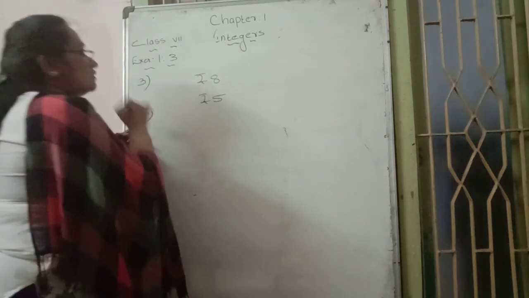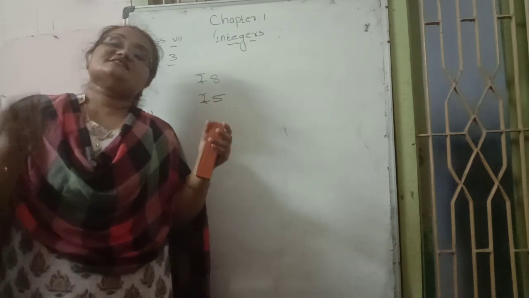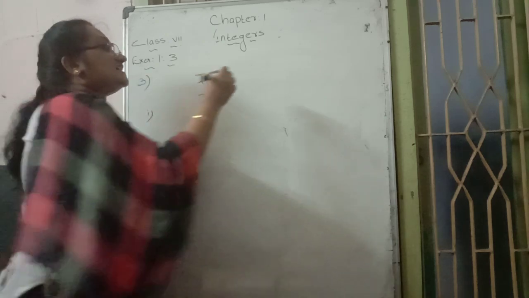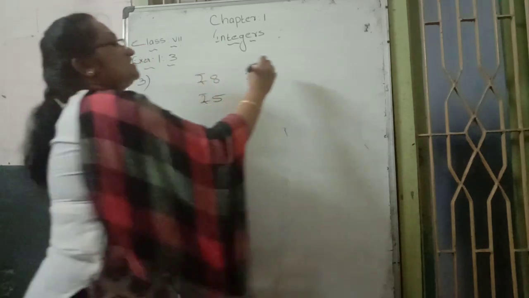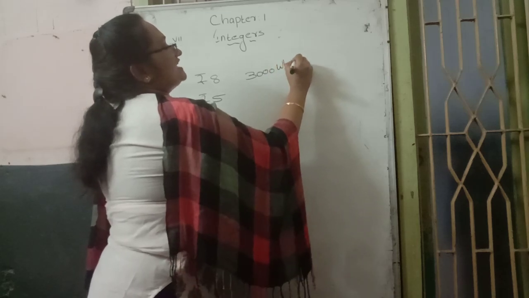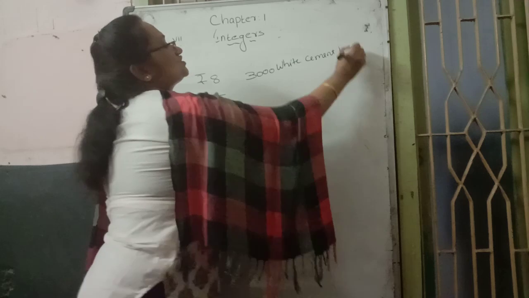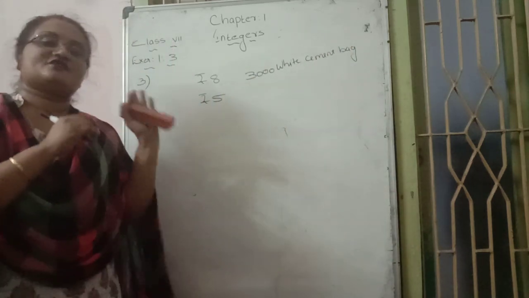Here also 2 parts are there. First part, they tell about suppose in 1 month that company sold 3,000 white cement bags. At that time, how much rupees profit will the company get? That is the first part.